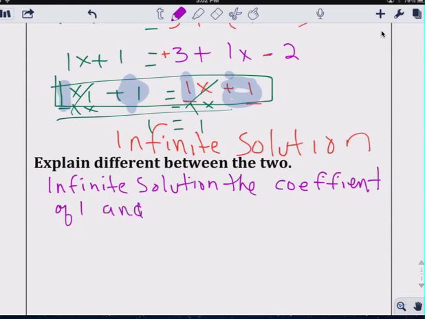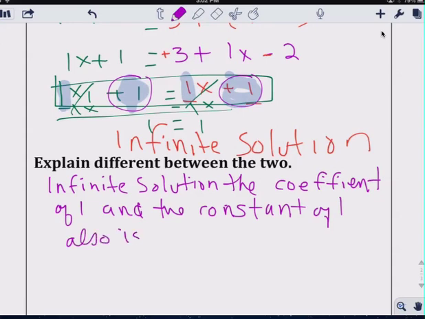And the constant. In this case, the constant is the constant right here. Also, the constant of 1 is the same on both sides of the equation.